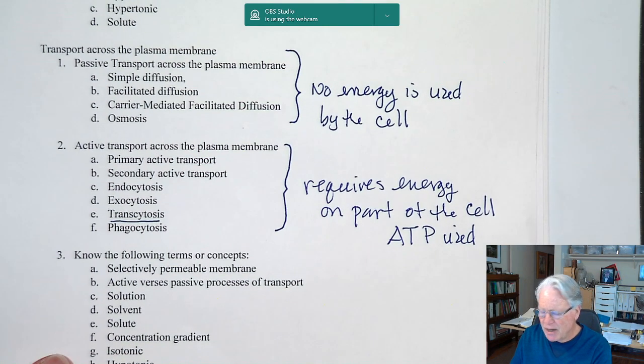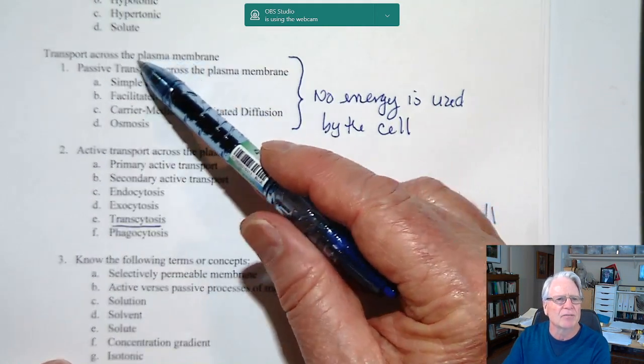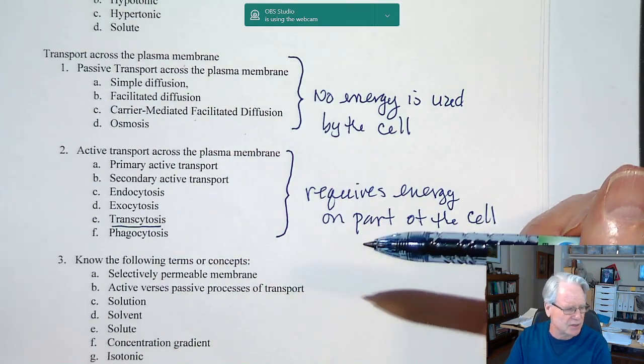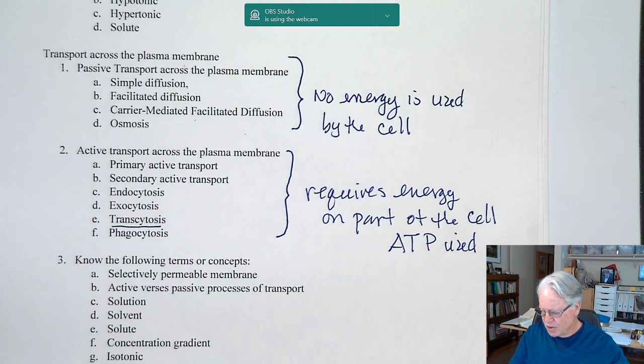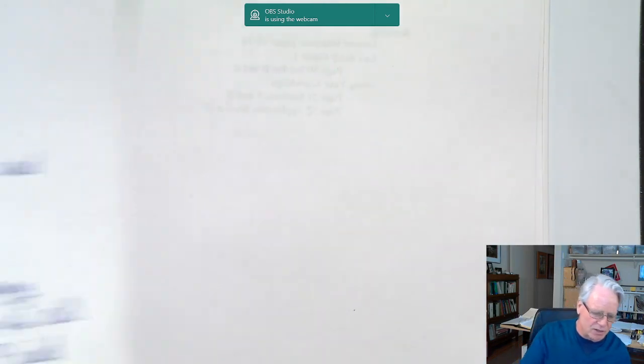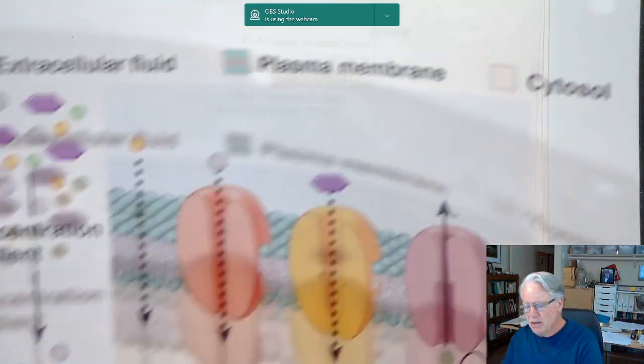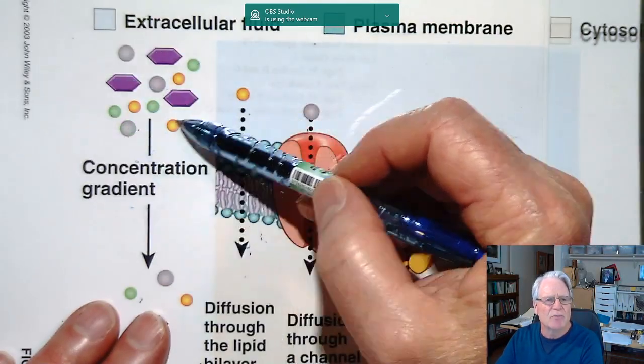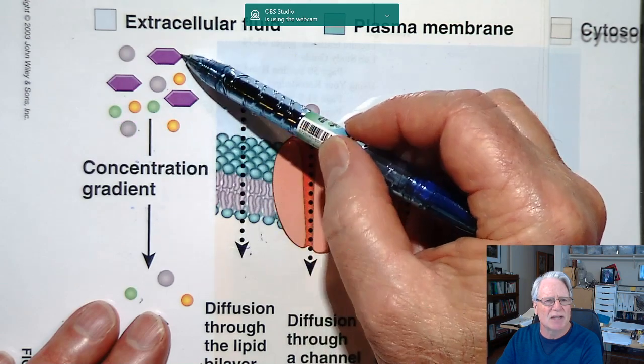So let's talk about these concepts here, the passive ways in which we can bring something into the cell. In all of those situations, what we're looking at is moving something down its concentration gradient. So here we have a high concentration of these molecules.